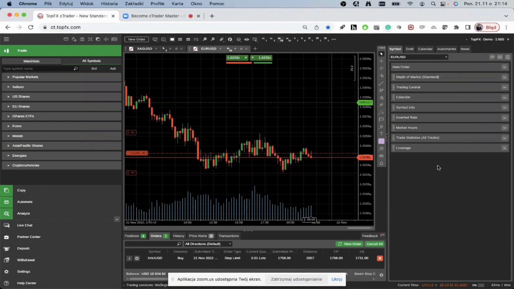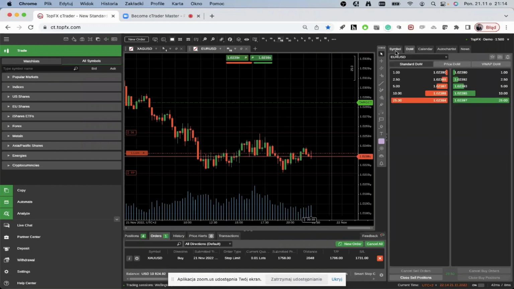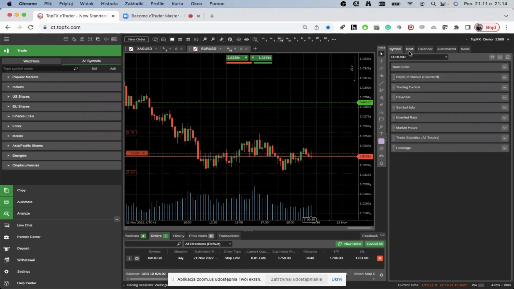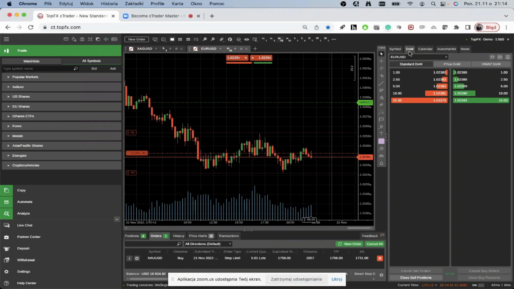We talked about Trading Central, we talked about Autochartist, and of course I would like to talk a little bit more about the other cool features, like for example depth of the market, because there is a depth of the market here, and how to use it in your trading. So that might be the topic of our next meeting. Hopefully it will be held next Monday, same time as today.